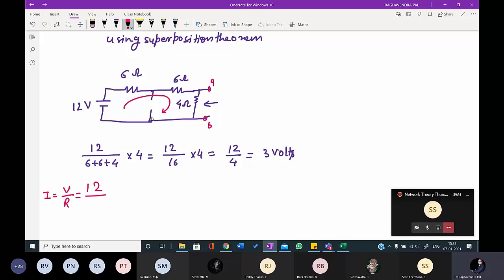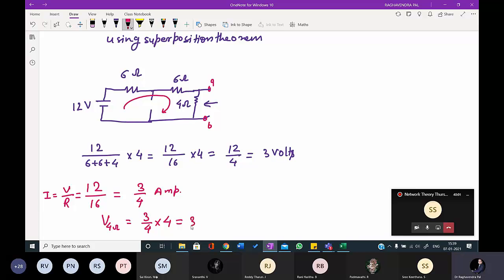No current is passing through here because it is open circuited now. So 6 plus 6 plus 4, what is it? 16. So the current is 12 upon 16, which is 3 upon 4 ampere. Correct? Now, voltage across 4 ohm will be I into R, 3 upon 4 is the current and 4 is the resistance value.